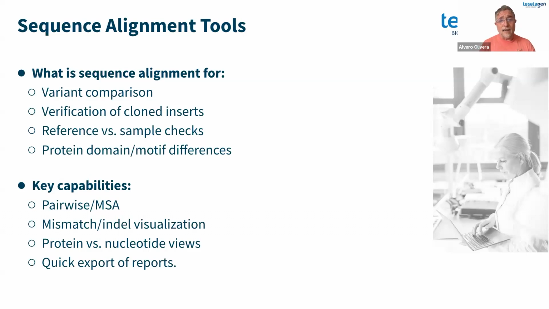Particularly in protein alignments, we look for conserved and non-conserved residues, and sometimes we can learn something about protein function by comparing different sequences. The key advantage is how fast we can go from raw sequences to a clear, interpretable alignment and exportable report in Teselagen.